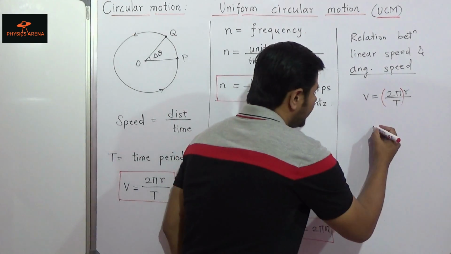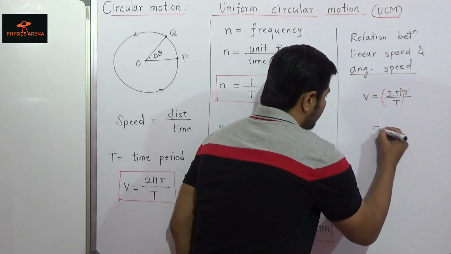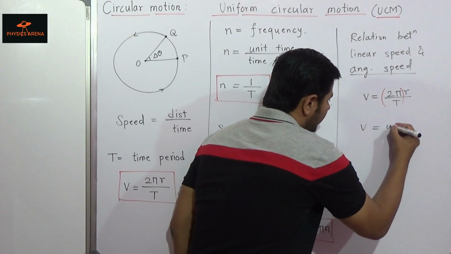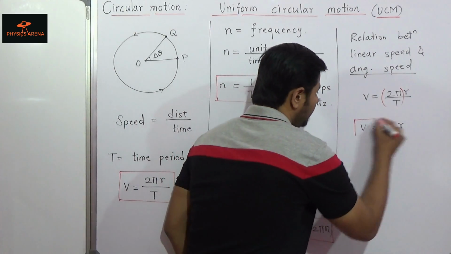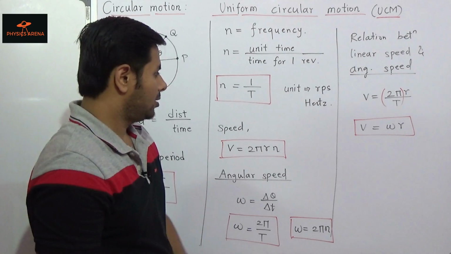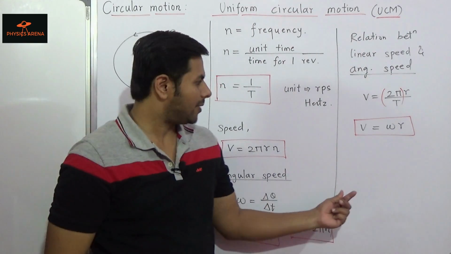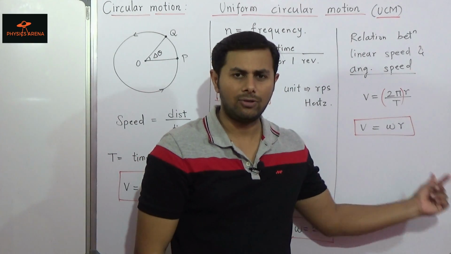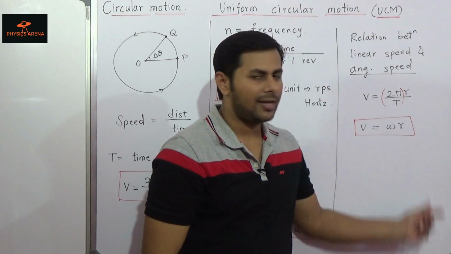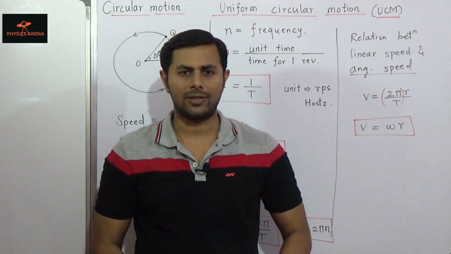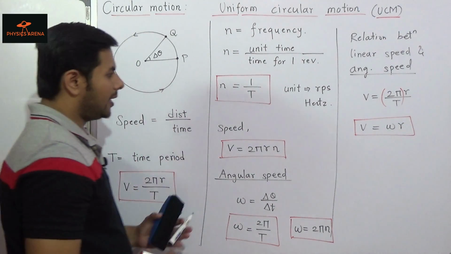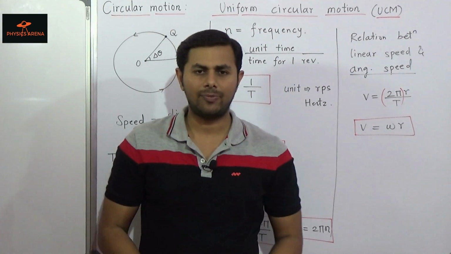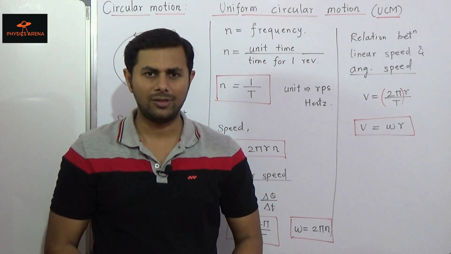So substituting that, what I get is v is equal to omega times r. So the linear speed of the particle is equal to the angular speed of the particle multiplied by the radius of the circle. So this is the linear speed and the angular speed of a particle performing uniform circular motion.